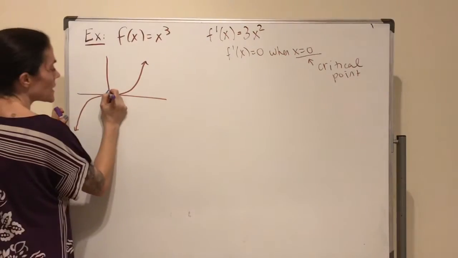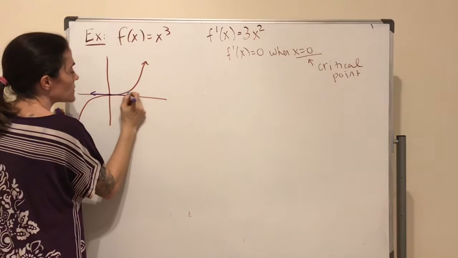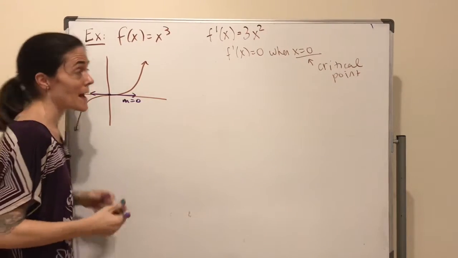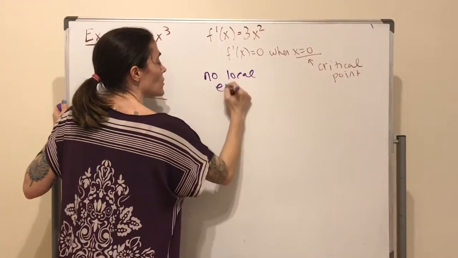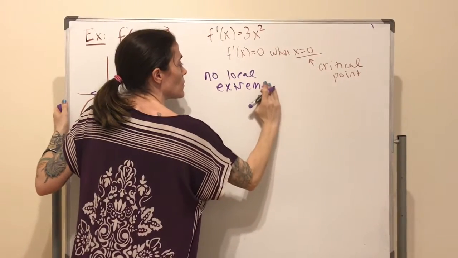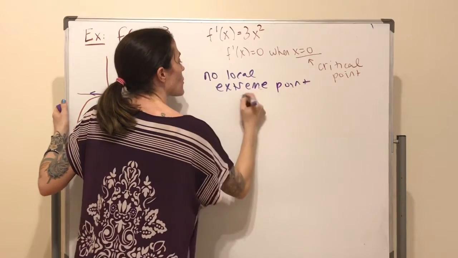So 0 here is a place where we in fact have a horizontal tangent line, but it's not a local max or local min.